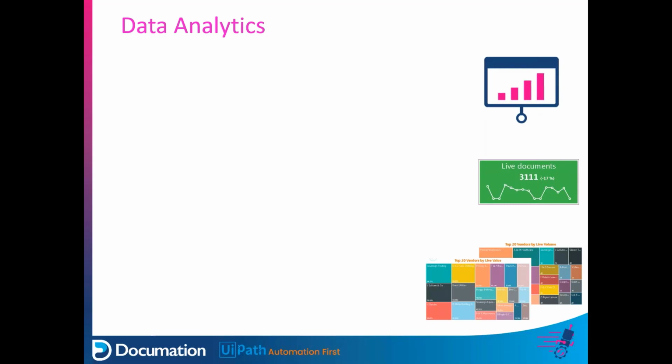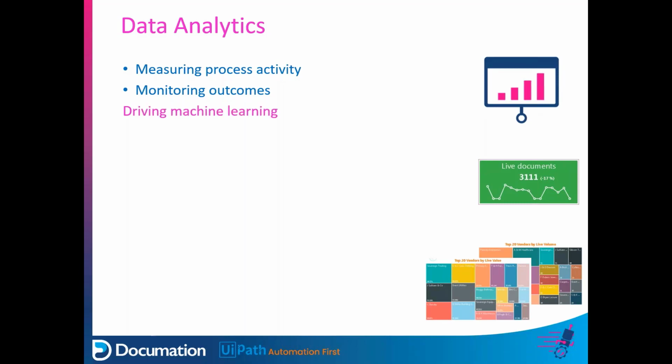We live in a world of big data, and it opens all sorts of doors for us to analyze and improve. So RPA and BPM will both measure process activity, and they'll monitor outcomes. And it's that ability to see what's happening in the process and to look at where things are going wrong, where they're going right, that drives machine learning.